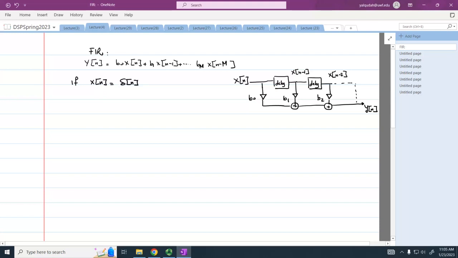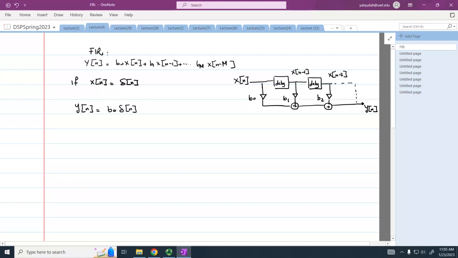I have an impulse, delta of n. When n is 0, what am I going to have? A delta here, multiplied by b0. What is y of n going to equal to? b0, yes. y of n is going to equal b0 multiplied by delta of n.